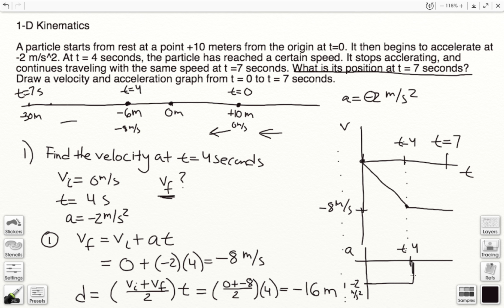Then at t equals 4, I stop accelerating, and from t equals 4 to t equals 7 seconds, I have an acceleration of 0. So this is what your velocity and acceleration graph should look like.